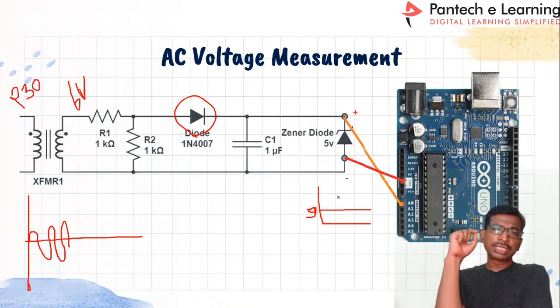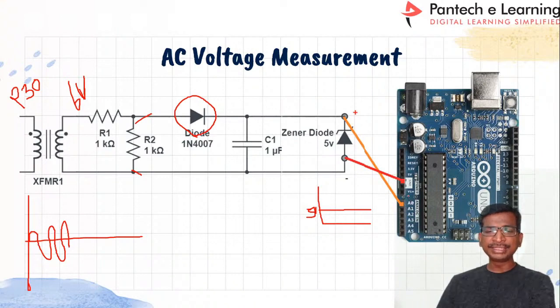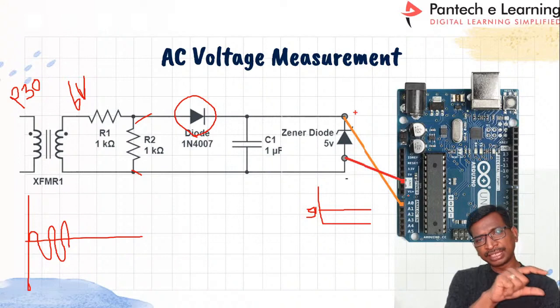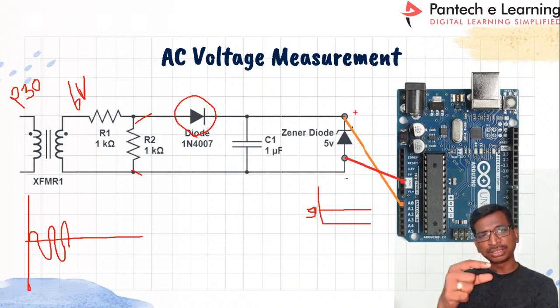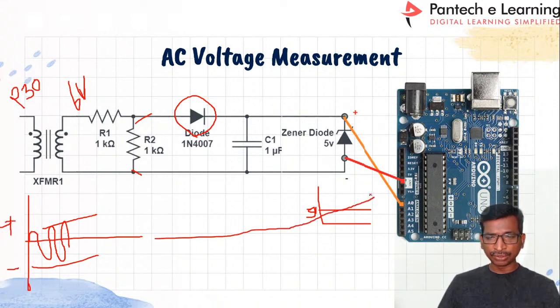Suppose you want to use the AC voltage at the exact voltage, then after this resistance you have to connect an ADC. That ADC will be a special purpose ADC. It will measure the positive voltage and the negative voltage, and this voltage is directly connected to the microcontroller.